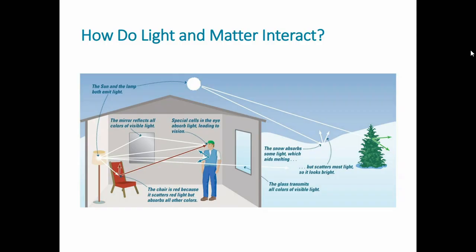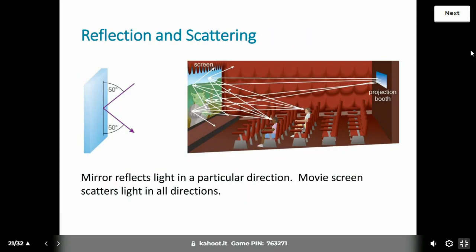Some light from the sun is reflecting or refracting off of the snow, but some of it is being absorbed and heating up the snow. So lots of different ways for light and matter to interact.